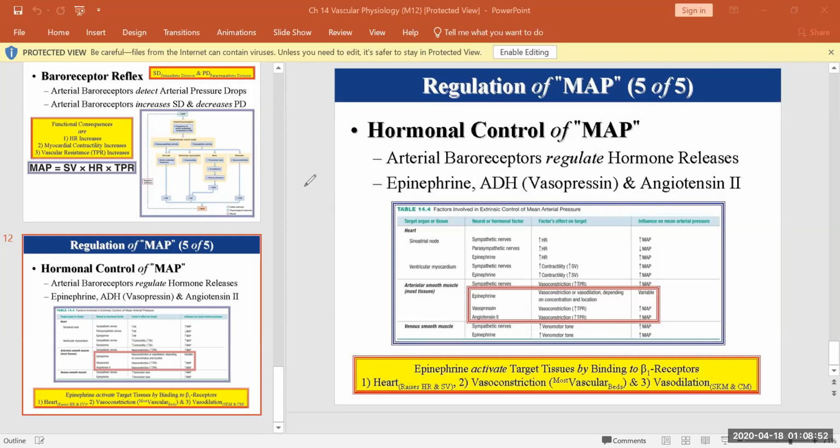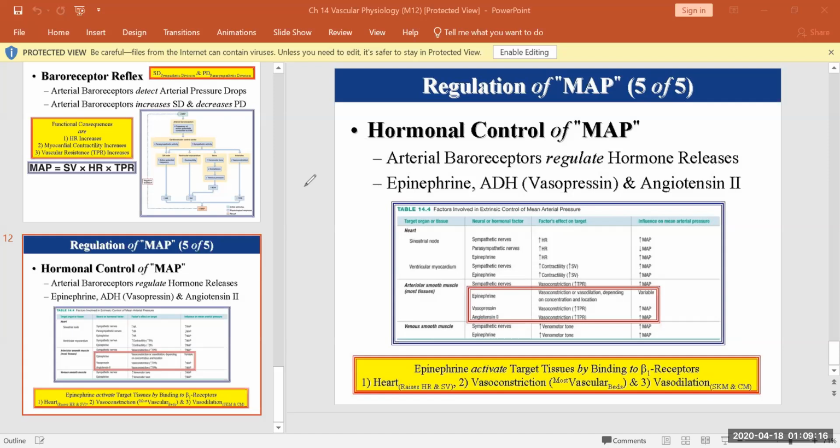Actually 3, right? It can activate beta-1, and the beta-1 are actually on the cell or plasma membrane of either pacemaker cells or the cardiomyocytes, right? So the beta-1 are exclusively on cardiac tissue. We're not talking about smooth muscle here.